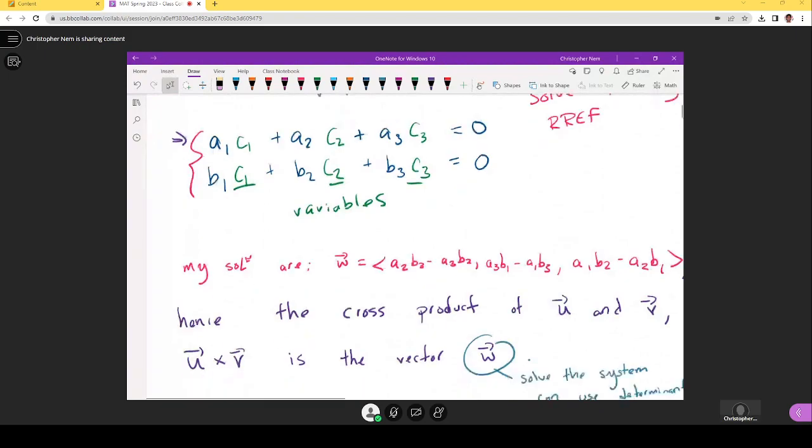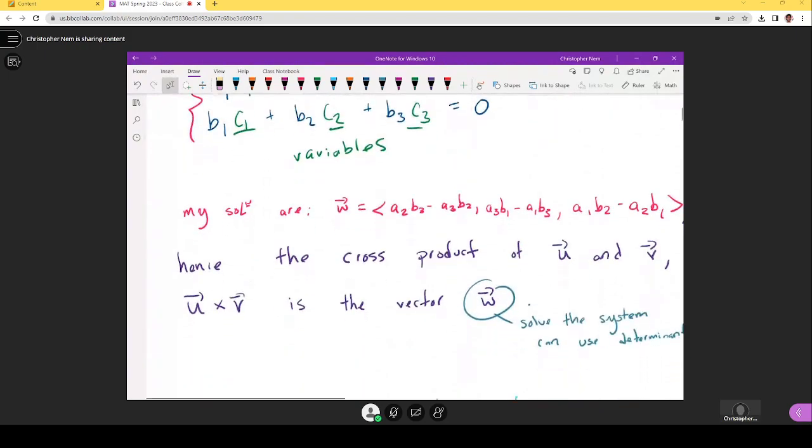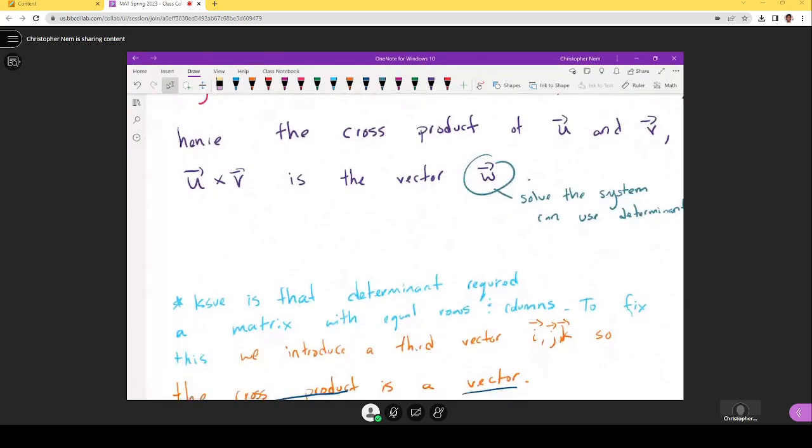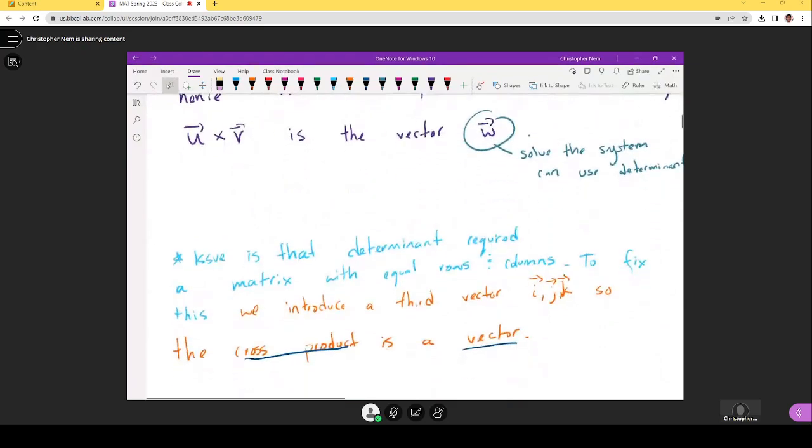So we say the cross product between u and v, u cross v, is going to have some sort of determinant where I get that solution. But the problem is, how can I get a vector out of the cross product when the determinant was always a scalar? Plus I have two three-dimensional vectors, which creates a 2 by 3 matrix. So I have two issues I need to tackle.